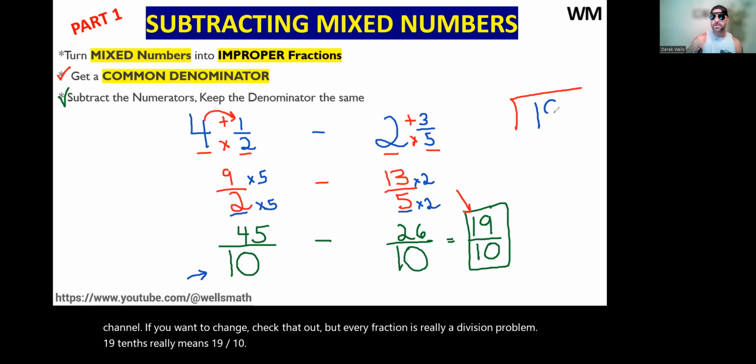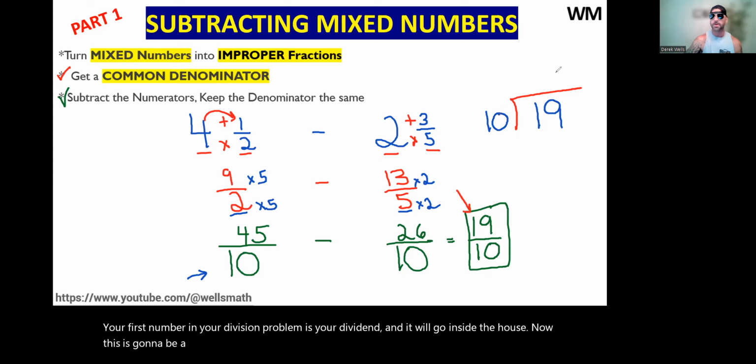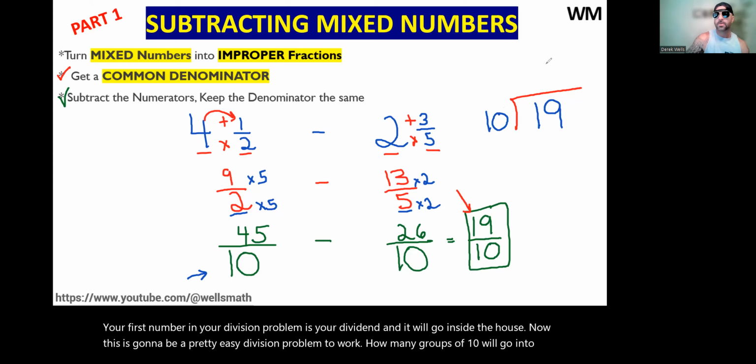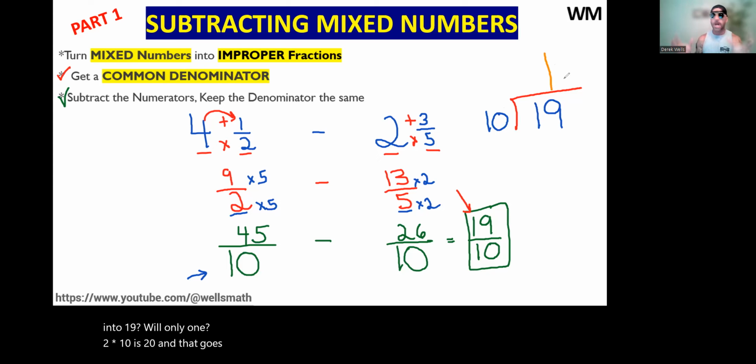Your first number in your division problem is your dividend, and it will go inside the house. Now, this is going to be a pretty easy division problem for work. How many groups of 10 will go into 19? Well, only one. 2 times 10 is 20, and that goes over 19, so we cannot go over 19. But 1 times 10 is actually 10. Caveman knows that.